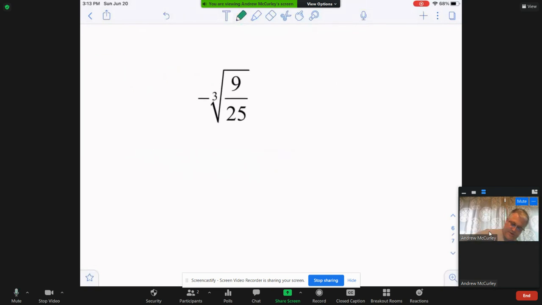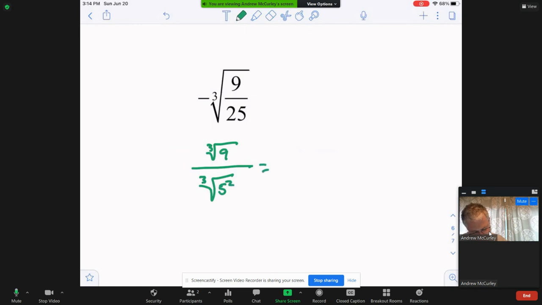Cube root, we've got the cube root of 9 over 25. Here's how I would attack this one. The way I look at this is the cube root of 9 over the cube root of 25. Well, think of 25 as 5 squared, right?